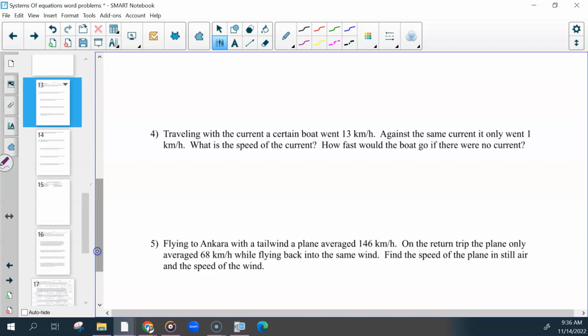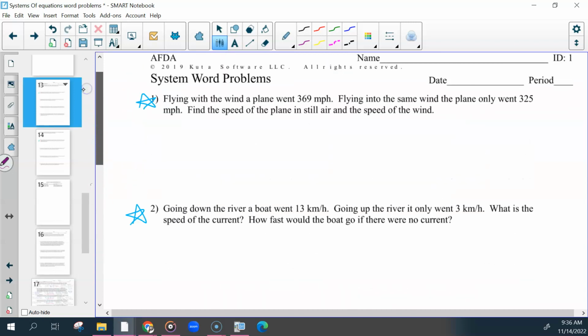Or if it says with the current, the current is pushing the boat along, so you're adding. Against the current, you're going in the opposite direction, so subtracting. So you'll need to know the difference between those. But let's do this first one.